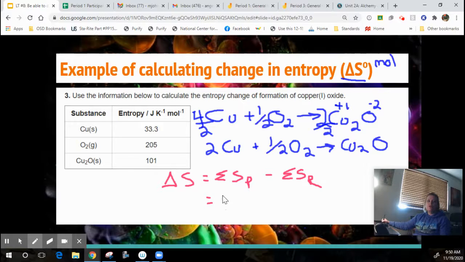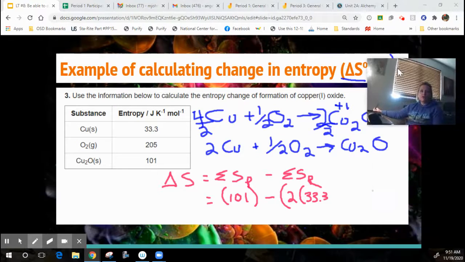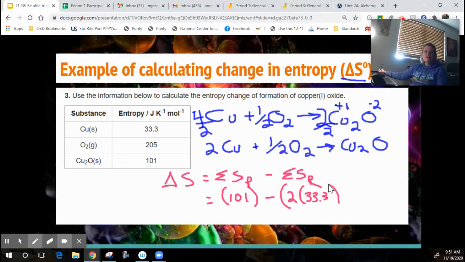And that is going to turn into 101 minus, and I've got 2 times 33.3, plus half times 205.